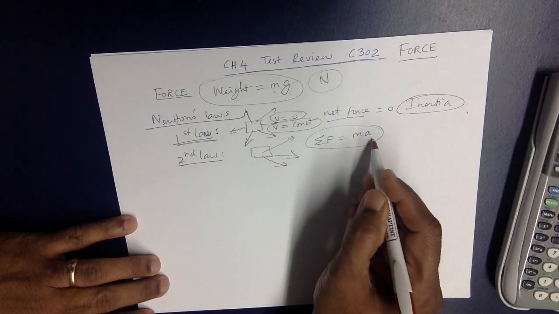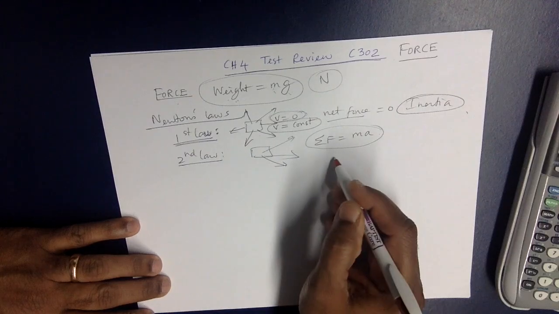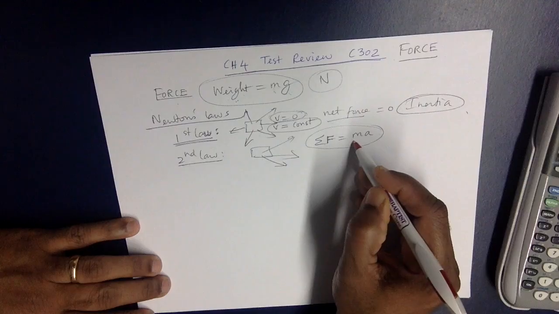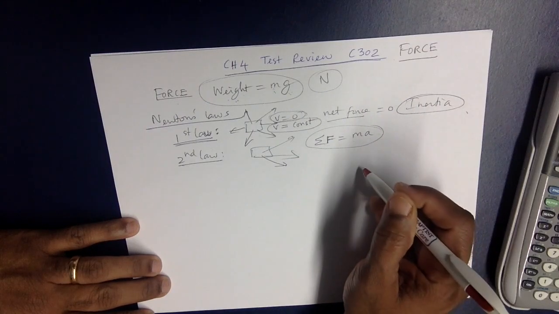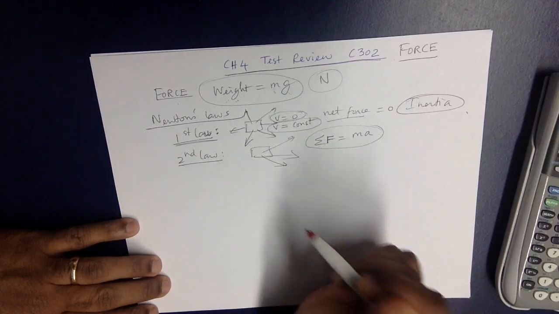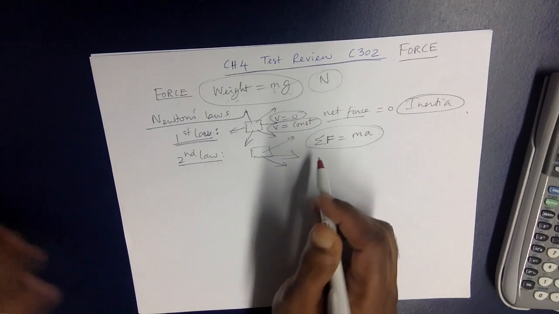So the second law talks about acceleration of an object. When will it accelerate? When there is a net force. If you have a net force, then you're supposed to get an acceleration. So F is equal to ma. This is also a form of F is equal to ma. Instead of a, it is g. Okay.